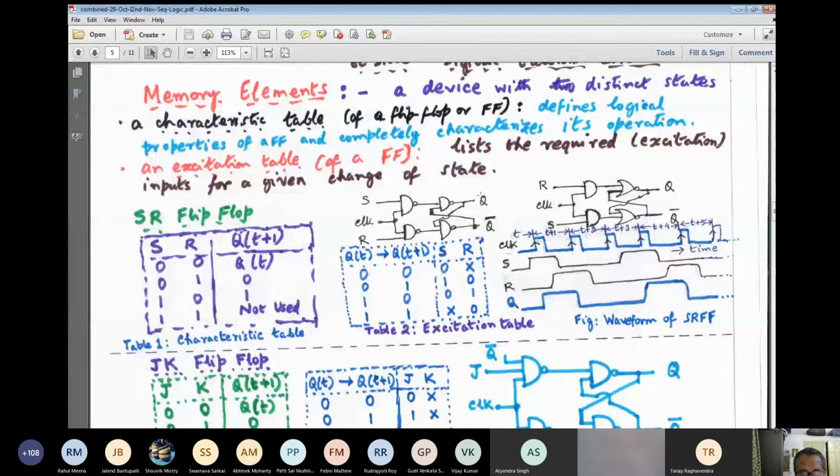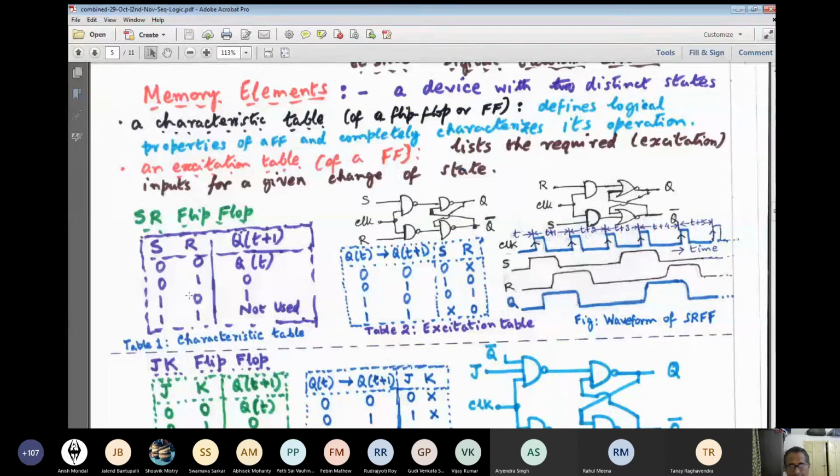On the other hand, when we are using NOR gates and AND gates, then the R input should be placed here so that this particular table is realized. Whatever circuit you draw should be in agreement with the function table. That should be kept in mind. The characteristic table will be reflected by this circuit as well as this circuit.